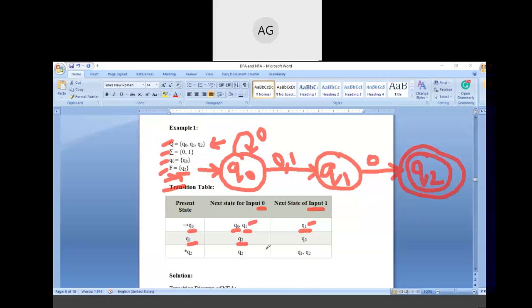Here we write input 0. On getting input 1 on Q1, we move to Q0, so write the arrow from Q1 to Q0 on input 1. Now the Q1 transitions are completed because both inputs are filled. Now we move to the Q2 state. On getting input 0, we get the Q2 state like this.